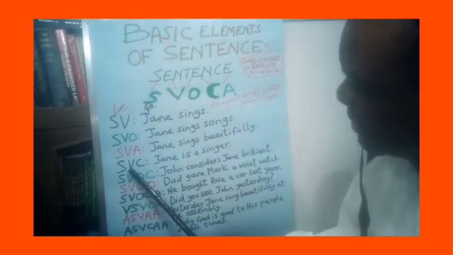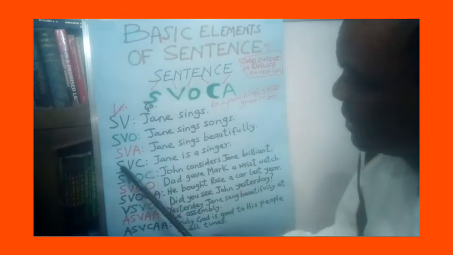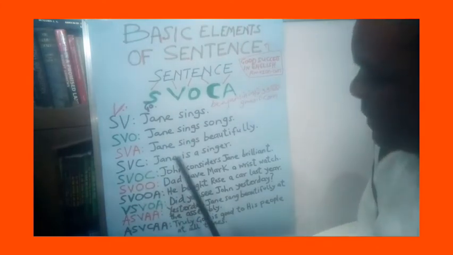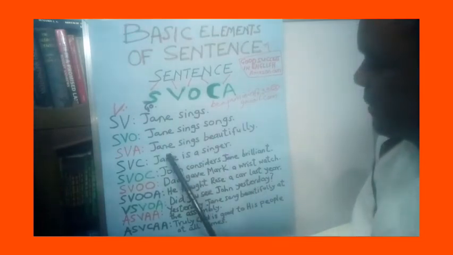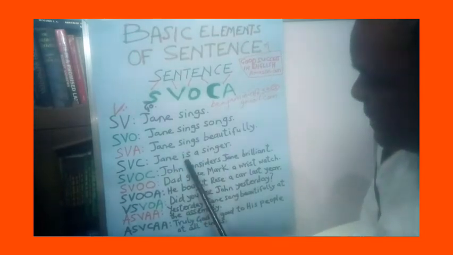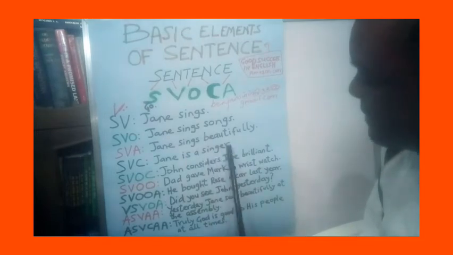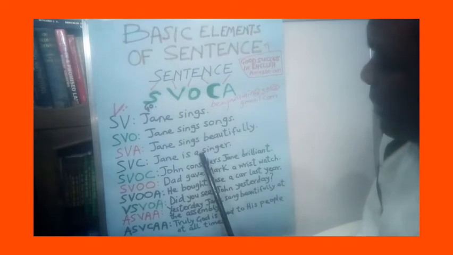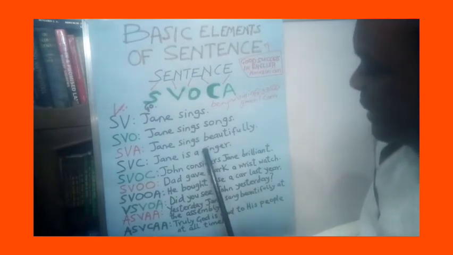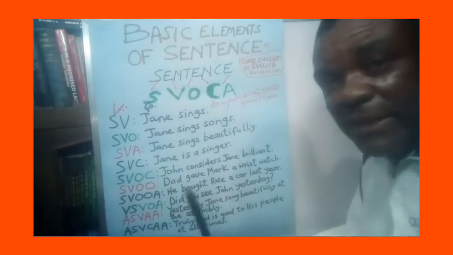The next structure is the SVC structure, subject, verb, complement. And the example is Jane is a singer. Jane is the subject, is is the verb, and a singer is the complement, please. Now, a complement can be explained from two perspectives.